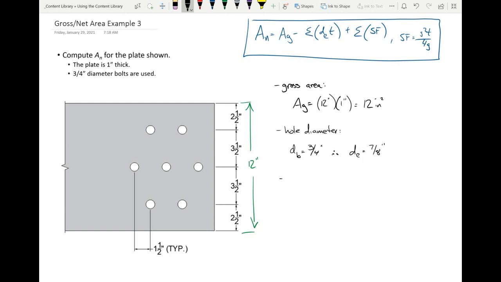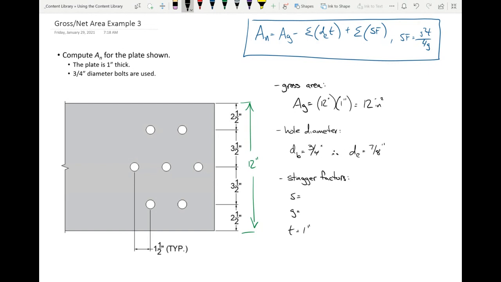Now, we have the luxury of doing this because the section is symmetric about the horizontal axis, but let's look at our stagger factors. We have an S, a G, and a T. Now we know the T is 1 inch.